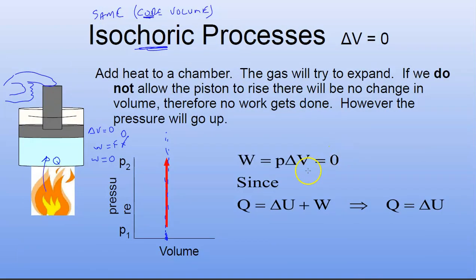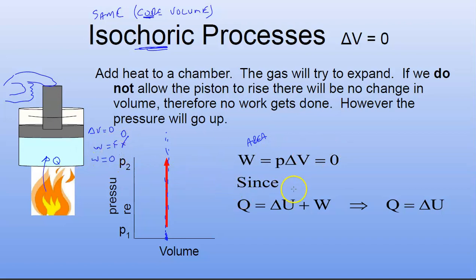When I look at this one and ask, what's the work? What's the area under the curve? It has height, but it has no thickness. So whatever the height is, times 0 is 0, and I never get work out of an isochoric process. If you don't move it, you don't get any work. If x equals 0, force times 0 equals 0.